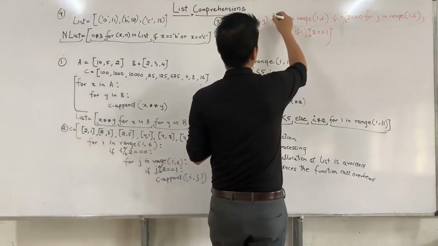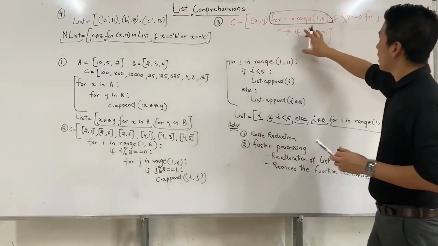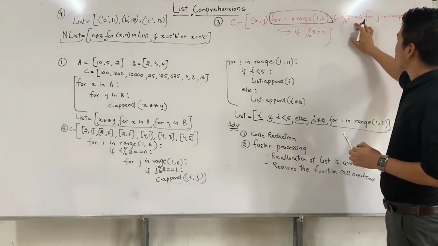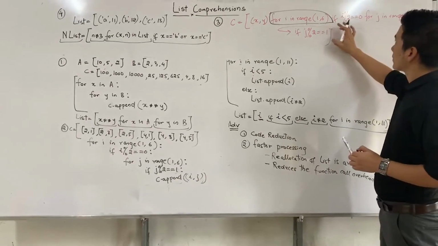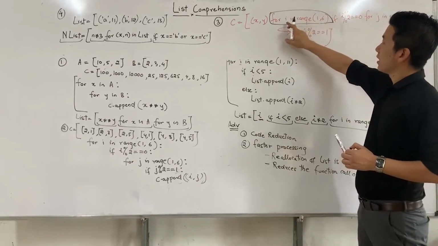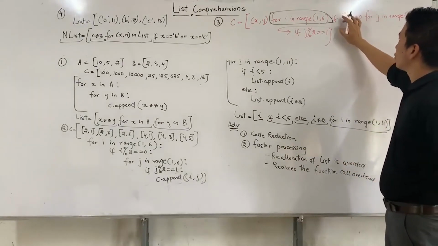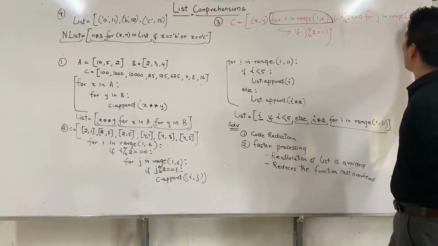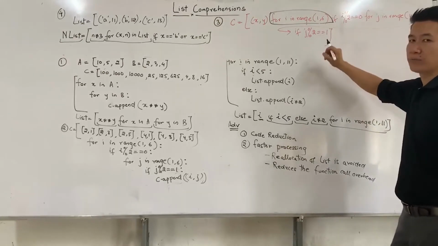So this is the first for loop which will be executed. I will have the value of 1. 1 modulus 2 is equal to 0, the condition is false. So it doesn't go any further. And then again, i will have the next value of 2, the condition is true. Okay, 2 modulus 2 is equal to 0. j will have the first value of 1. 1 modulus 2, the remainder is indeed 1.